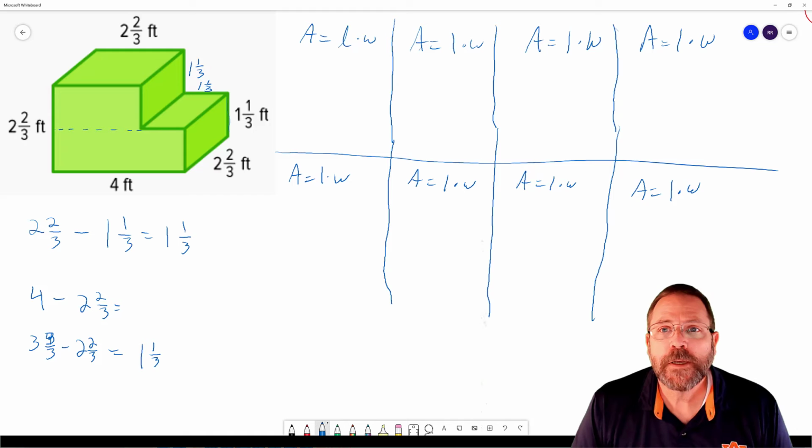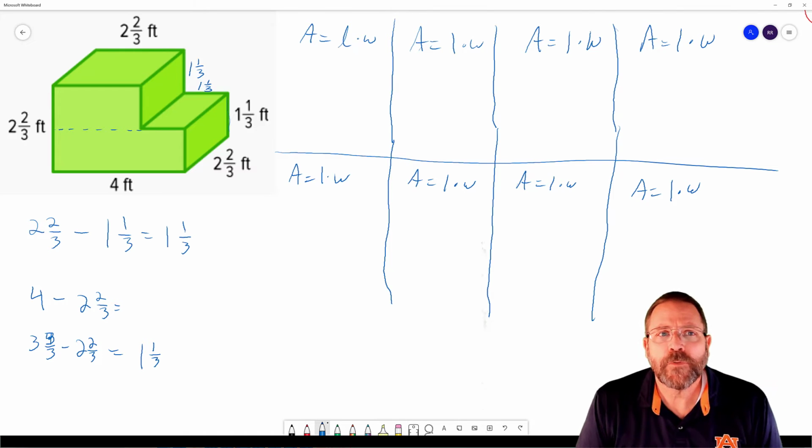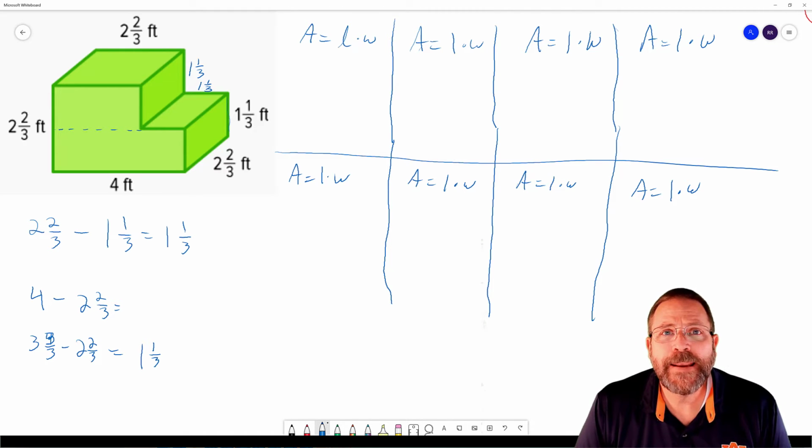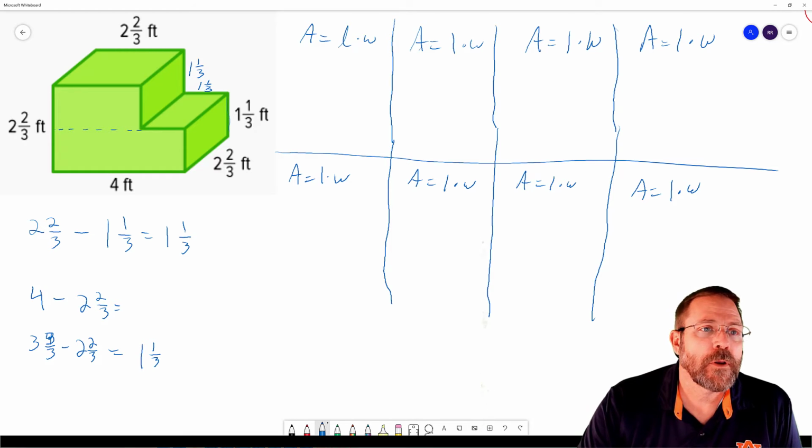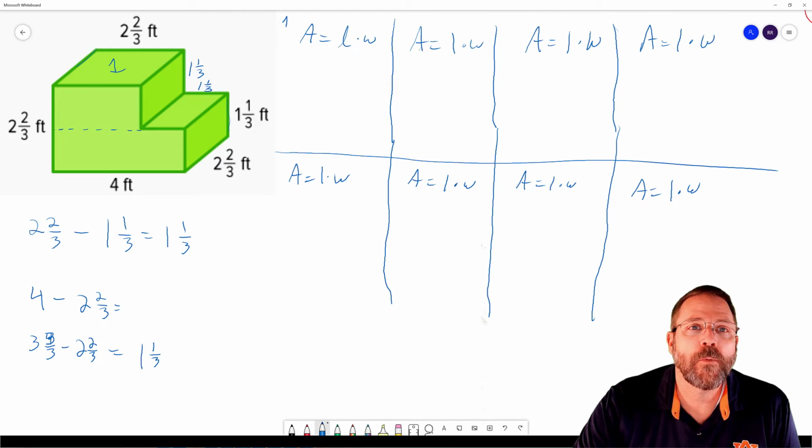Okay, you can see I've laid out 8 formulas for areas of rectangles because there's 8 rectangles I've got to find the area of. So let's get started here with this very first rectangle on top. We're going to call this rectangle 1 right there. I'm going to put a 1 right there, and that's going to have dimensions of 2 2/3, and this way it's going to be the same as this, which is going to be 2 2/3 as well.